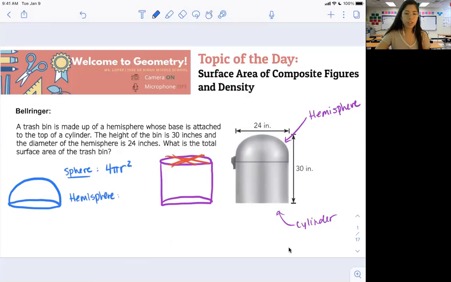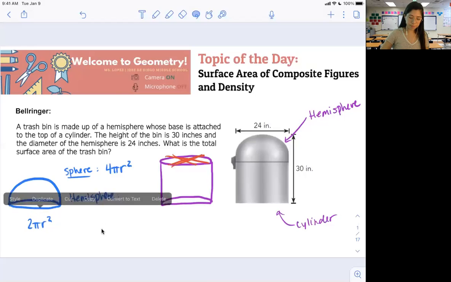Now here's the question. Let's see who can get this. Does the 2 pi r squared count the bottom portion, or does it not count the bottom portion? Good, it does not count the bottom portion. So that's all we need, 2 pi r squared. And that'll be pretty simple once we have the numbers.